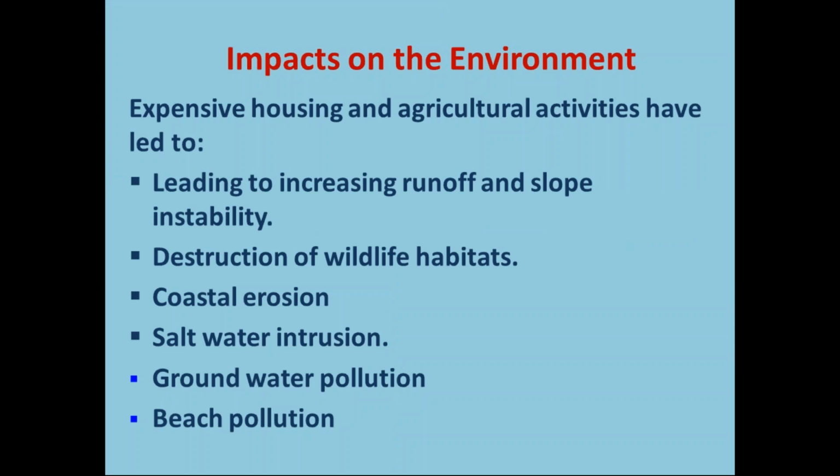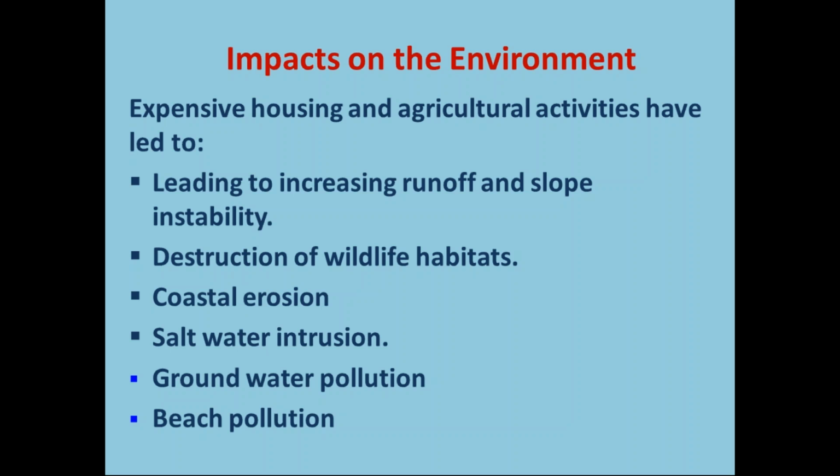What is the impact of all of this on the environment? The extensive housing and agricultural activities have led to an increase in runoff and slope instability. Once there is increased runoff, it means our waste will run quickly into the sea, supported by the slope of the mountainous region.